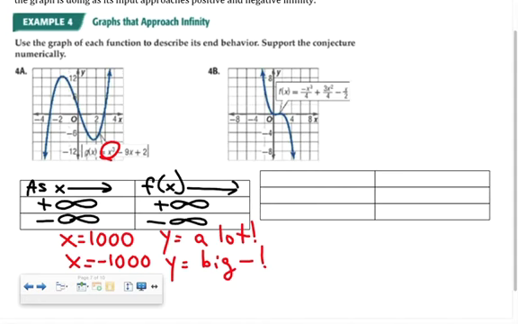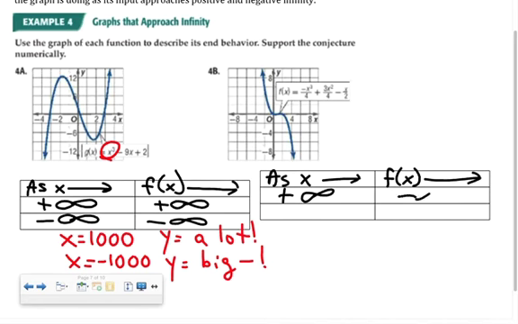As x approaches positive infinity, f of x approaches... So you're looking at this graph, and as the graph is going further and further to the right, I see that my y values are going further and further down.